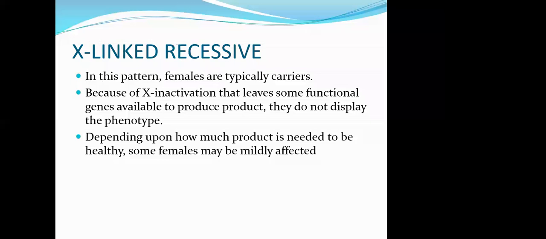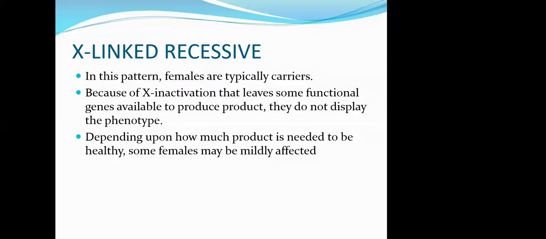So the other thing is X-linked recessive. And remember that X-linked is on the X chromosome. In X-linked recessive patterns, females are typically carriers. The reason is, when you have two X's, one of the X is usually condensed as what is referred to as a Barr body, so it's inactive.